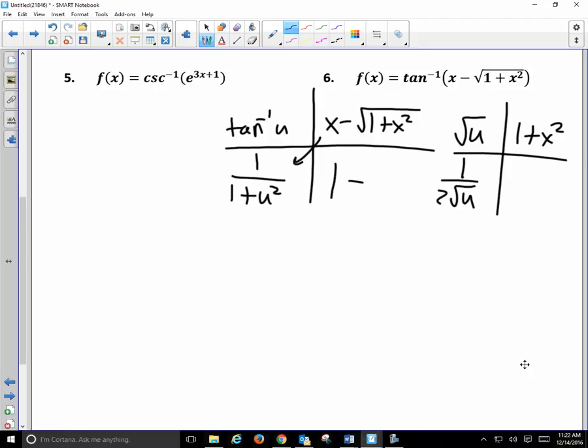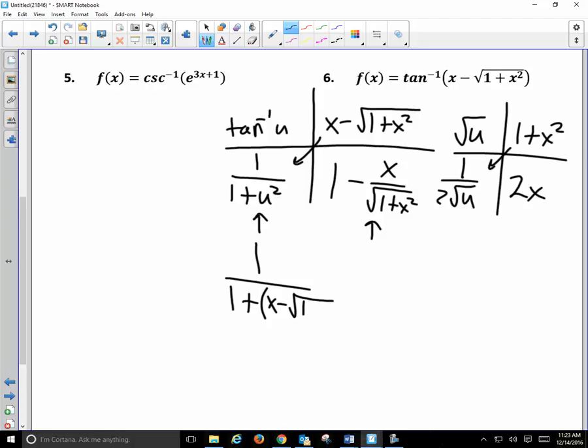So we got the derivative. We got 1 over 2 roots of u, and we've got 2x. So I'm going to multiply those together, and what happens? 2's cancel, so I get x over the root of 1 plus x squared. And so I'm going to have this beast right here times that beast right there. So I get 1 over 1 plus the quantity x minus the root of 1 plus x squared squared.